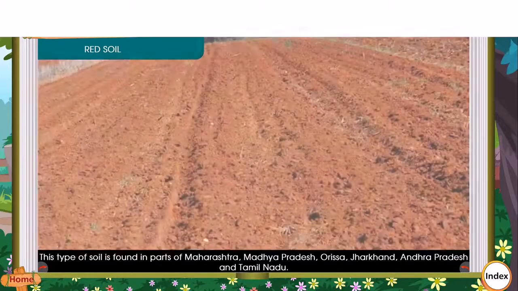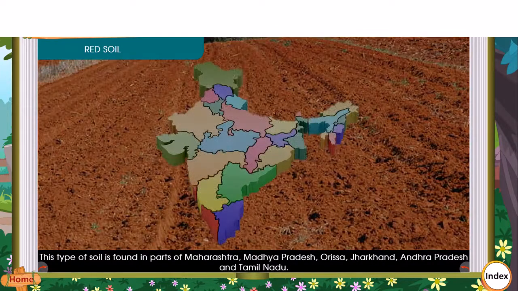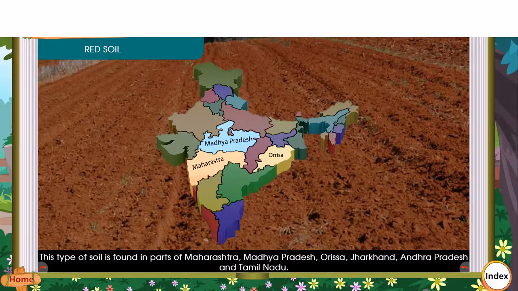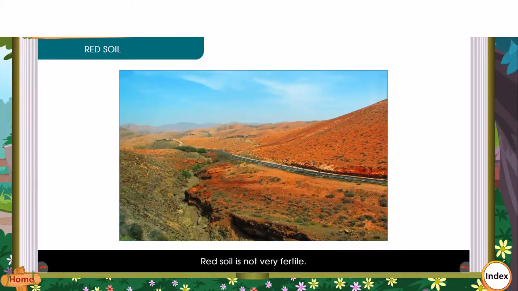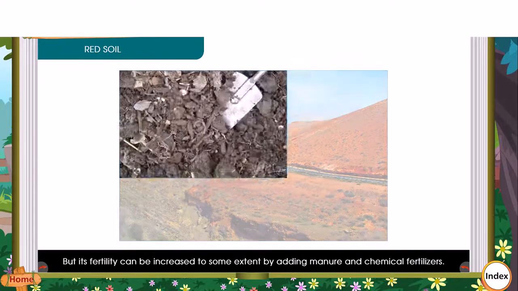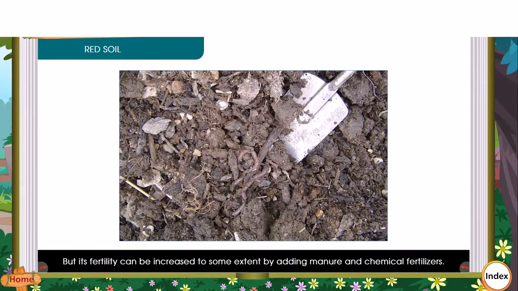Red soil. This type of soil is found in parts of Maharashtra, Madhya Pradesh, Orissa, Jharkhand, Andhra Pradesh, and Tamil Nadu. Red soil is not very fertile, but its fertility can be increased to some extent by adding manure and chemical fertilizers.